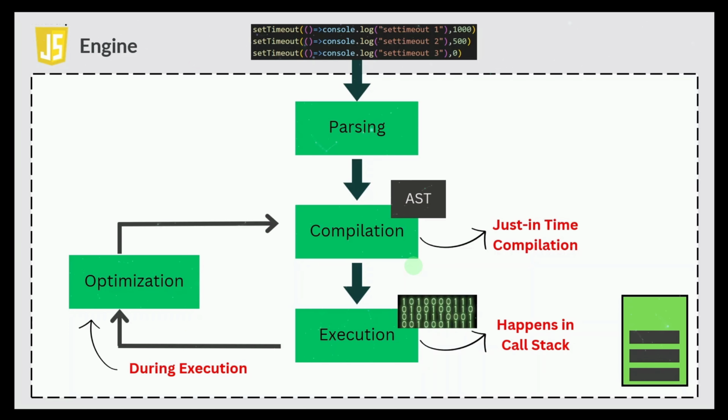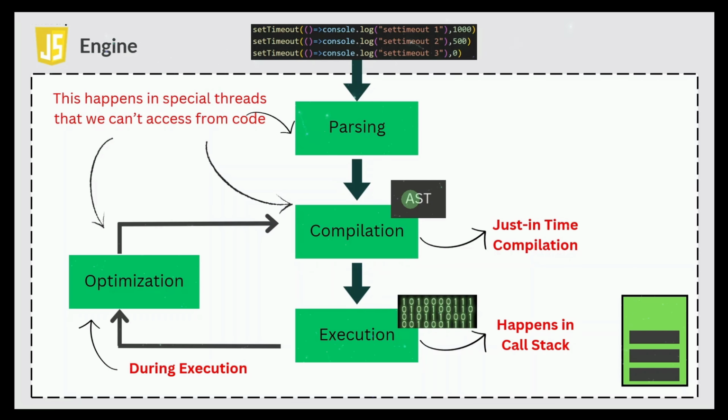And this is the process that makes modern engines like V8 engine so fast, because all this parsing, compilation, optimization happens in a special thread which we can't access from the code. This special thread is completely separate from the main thread which is basically running in the call stack for executing our own code.